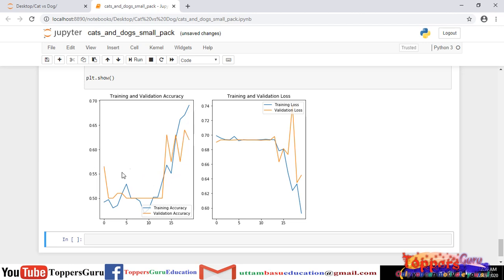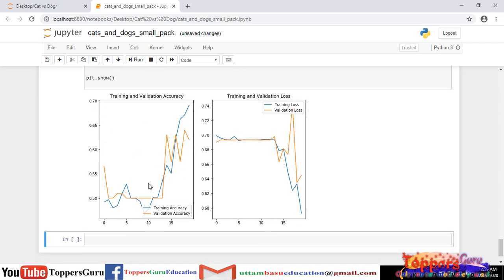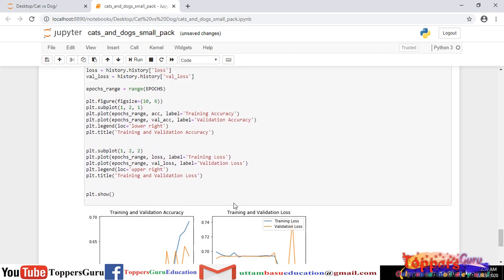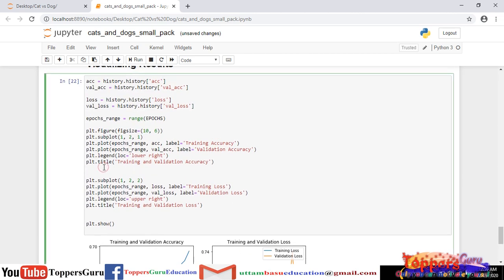The graph is not so good, training accuracy is very low, and this is the validation accuracy, and this is the loss. See, the training loss will decrease after a certain time, and this is the test loss. Yeah, we can plot the grid here.